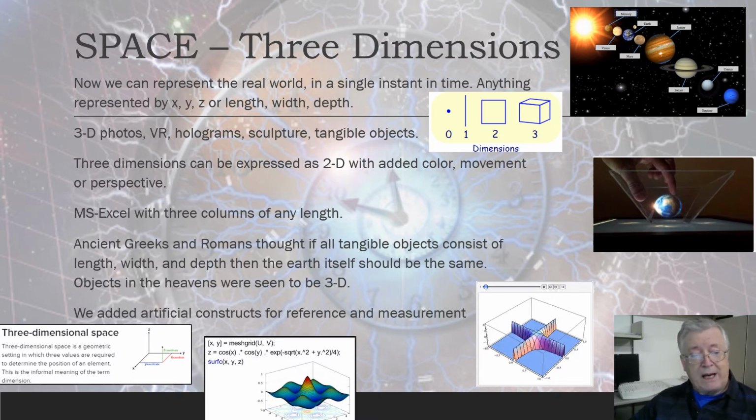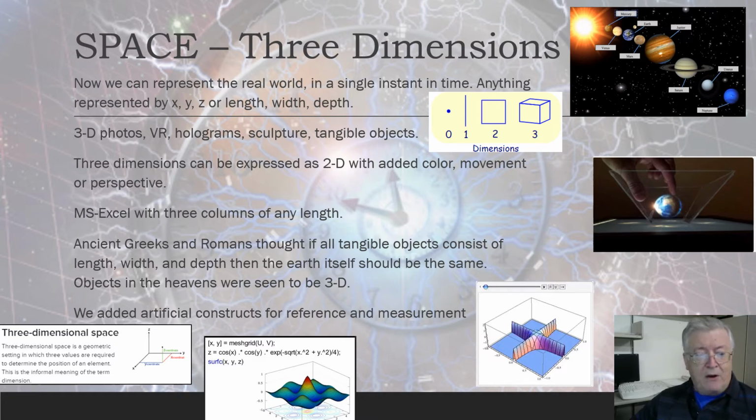Once again, like I've said, we added artificial constructs for reference and measurement. Maybe initially we thought of the earth as sort of the origin, the center of things, because that's the origin of where everything we knew came from.